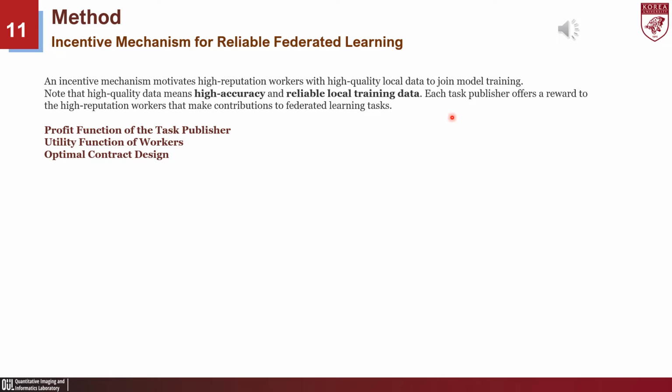A task publisher offers a reward to the high reputation workers that contribute to federated learning tasks. We verify the profit function of the task publisher, the utility function of workers, and the optimal contract design.